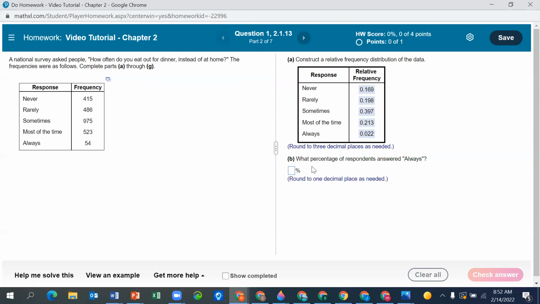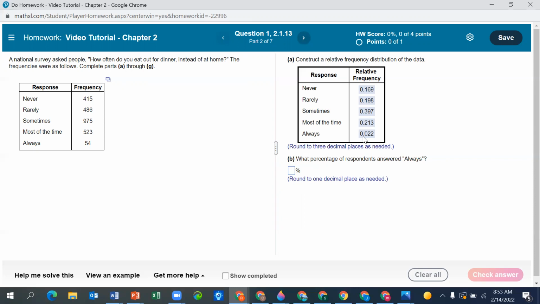They're asking what percentage of respondents answered always. Remember, you can change the relative frequency into a percentage by multiplying by 100%, or moving the decimal point two digits to the right. So let's take a look. Always, this is the last one, isn't it? Here.